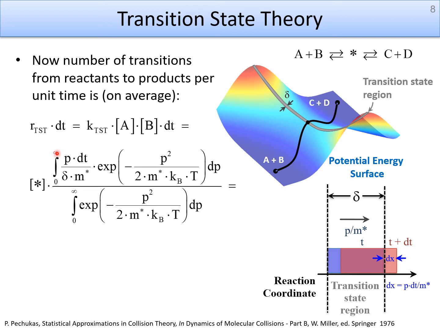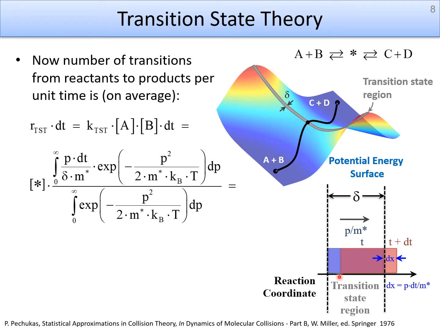So let's try to analyze this expression. And to do that, I would like to draw your attention to this schematic here. So this is basically a magnified close-up of this area over here.